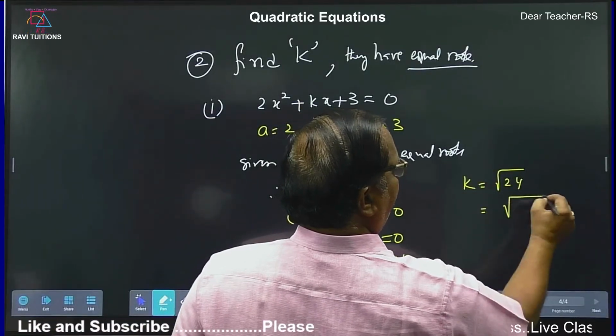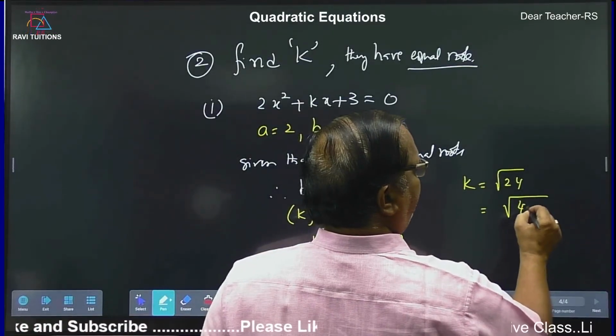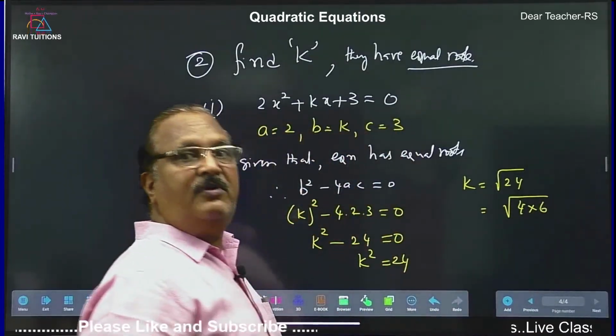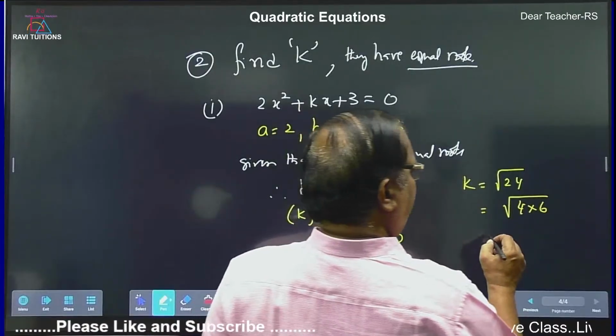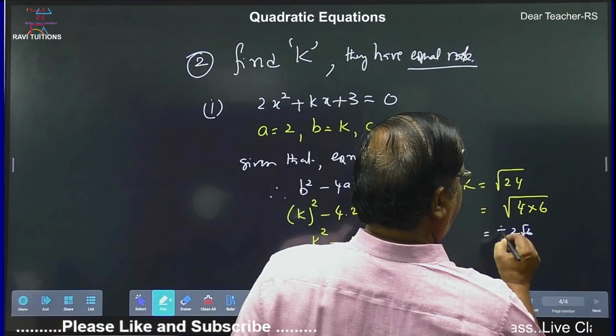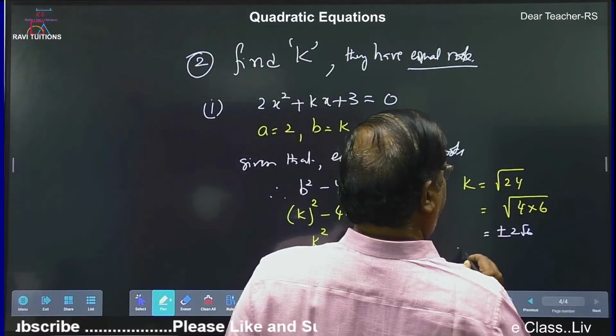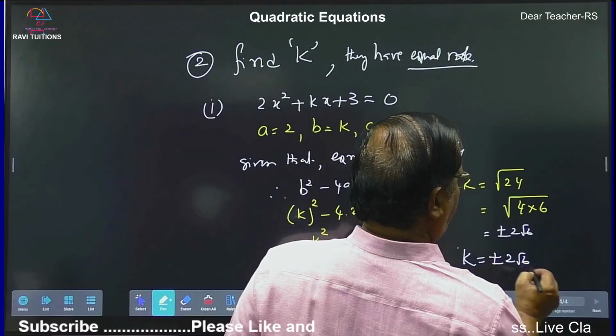So you put it as 4 into 6. Why am I writing 4? 4 is a perfect square. So it is equal to plus or minus 2 root 6. Therefore, k is equal to plus or minus 2 root 6.